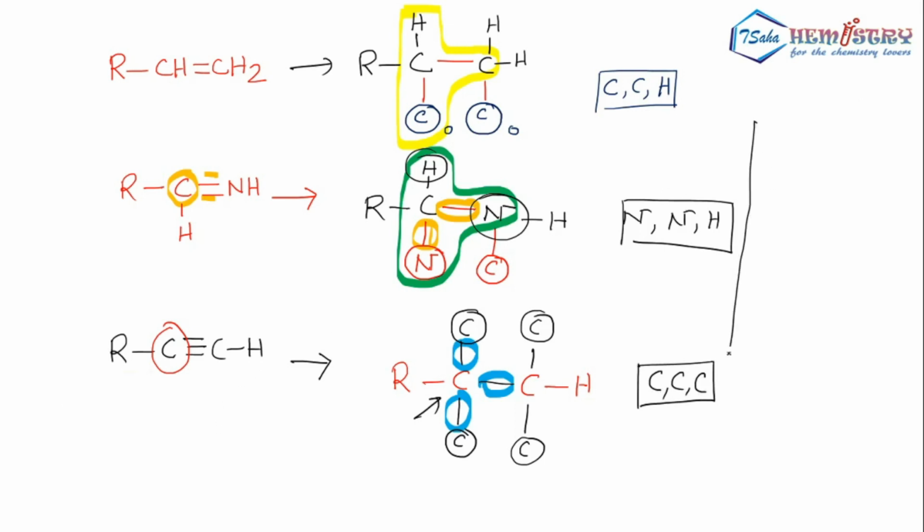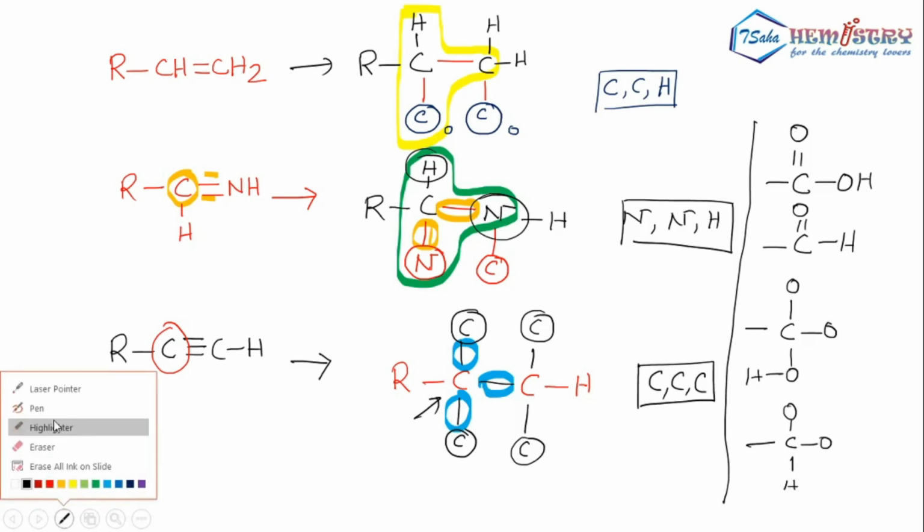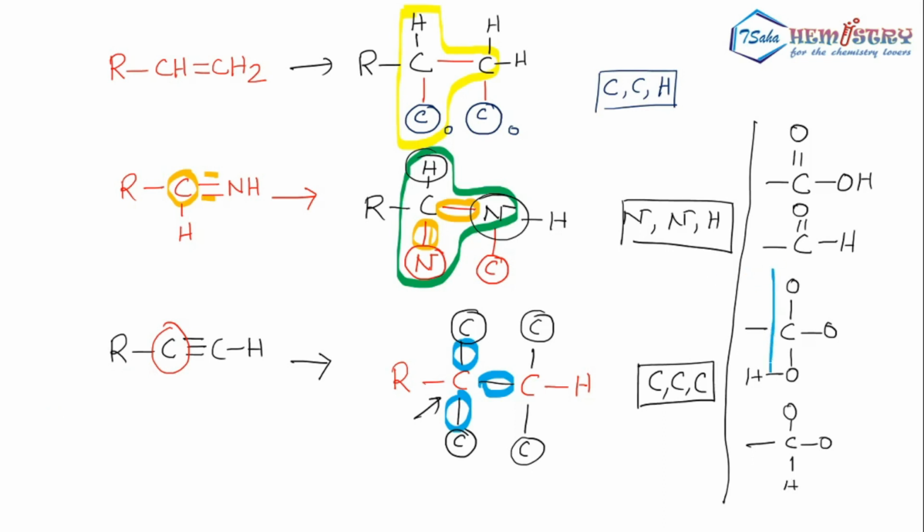Now if you are comparing the priority order of COOH and CHO, in the case of COOH you have C, oxygen, oxygen, OH, and in the case of CHO you have C, oxygen, oxygen and H. So in the first case, COOH, you have oxygen, oxygen, oxygen, and in the second case, CHO, you have oxygen, oxygen and hydrogen.